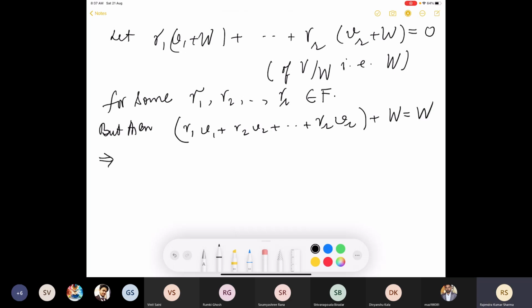So that makes that gamma 1 V1 plus gamma 2 V2 and plus gamma R VR belongs to W.